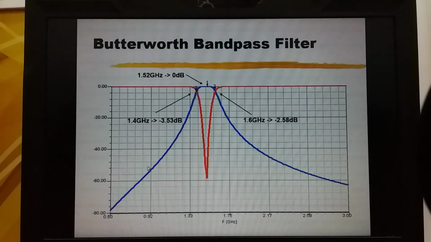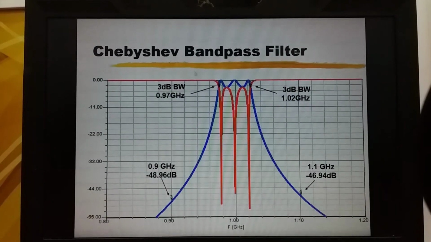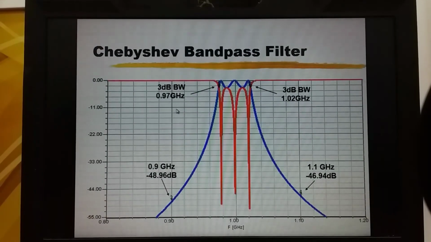With a different selection of the resonator combination, we can design a different bandpass filter. In this example, we have a Chebyshev bandpass filter. The feature of this filter is that the roll off is much faster than the earlier Butterworth filter.